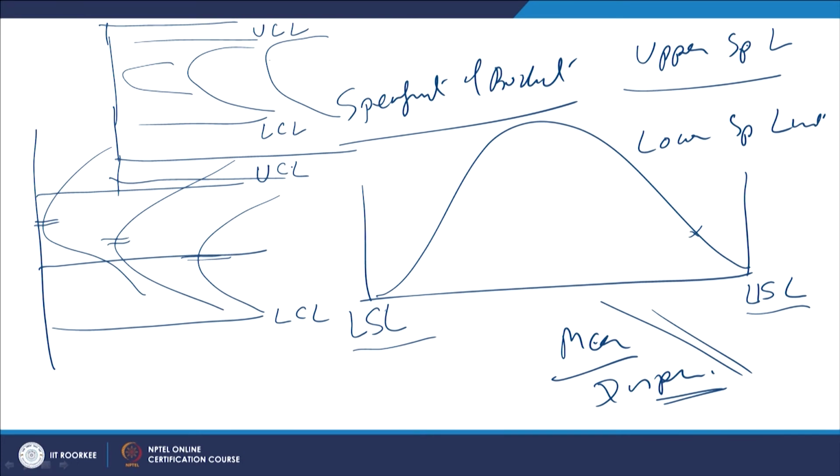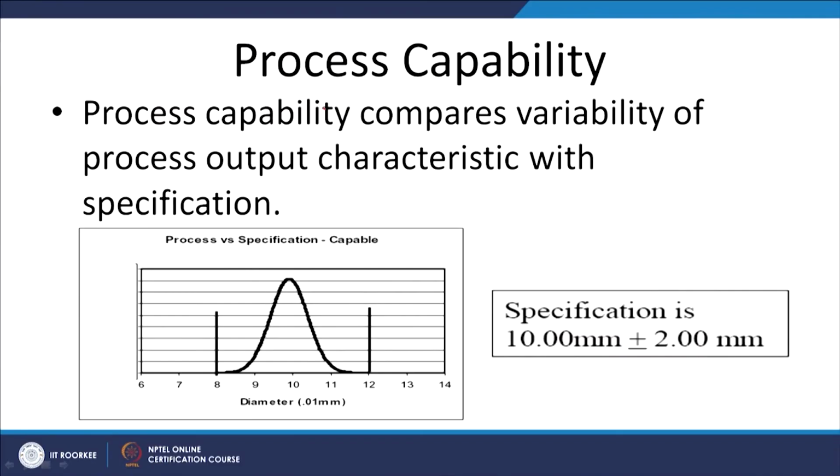So, all these, the mean shift or the change in the dispersion or the standard deviation related with the quality characteristic, will not adversely affect the things, and whatever will be manufactured will be within the acceptable limit. So, to see if the process is capable to manufacture certain product or not, we try to check the capability of the process. The process capability compares the variability of the process output characteristics with the specification.